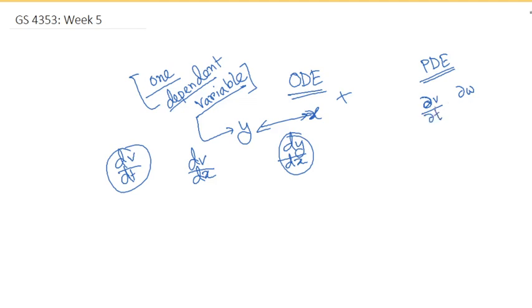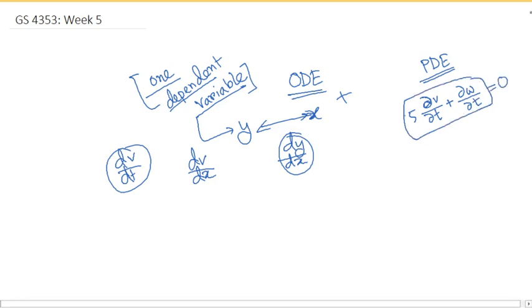So it might be like this one, 5 plus dw by dt. So this is an example of a partial differential equation.